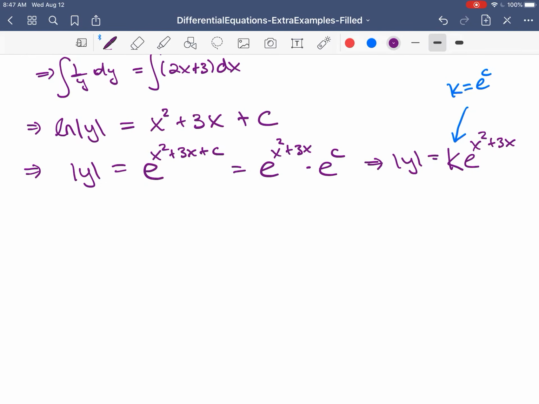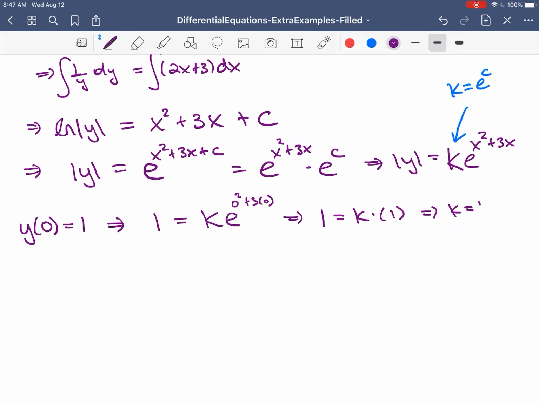So we want the particular solution, so we know that y(0) is equal to 1. So that means that 1 is equal to k e to the 0 squared plus 3 times 0. So that means that 1 is equal to k times e to the 0, which is 1. So we get that k equals 1.